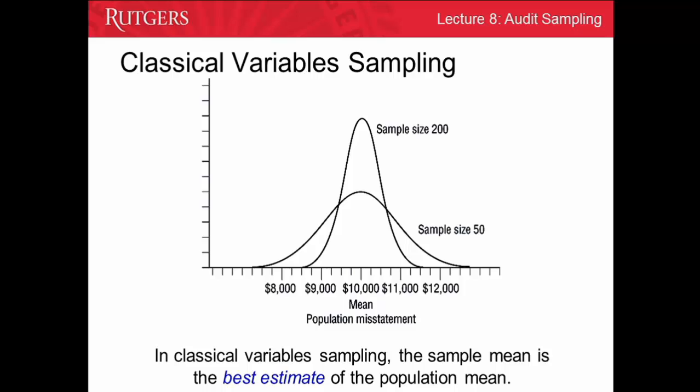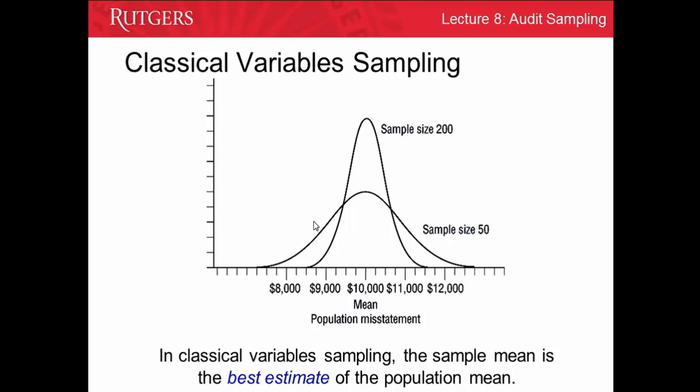For example, the standard error for the flatter curve is $1,000. If we look at the area covered by two standard errors above and two standard errors below the mean, we know that the area captures about 95% of all observed sample results. This is simply a mathematical property of a bell-shaped distribution.